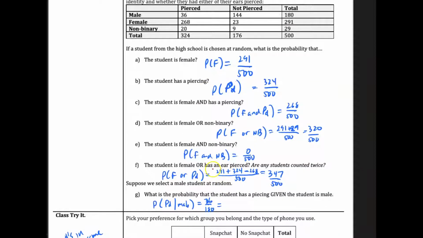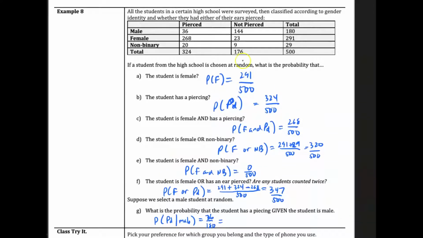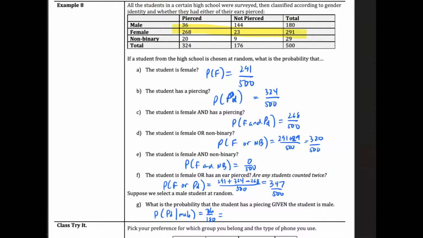Now things get a little bit more interesting on F. The student is a female or has an ear pierced, so it has a piercing, right? In this case, here's the female, there's 291. Piercing, you're here, and so there's 324, but we have to sort out a little bit of this. There's this overlap between piercing and female.